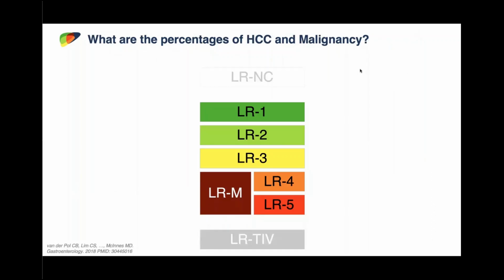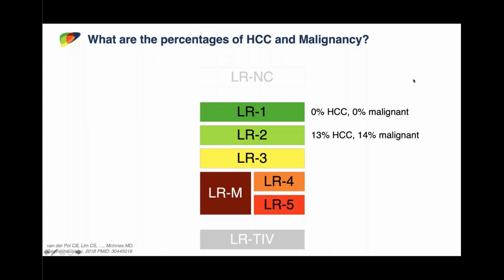Now, what are the actual percentages of HCC and malignancy associated with these LI-RADS categories? Well, some of the evidence is now emerging. We now know that based on the published literature, 0% of observations categorized by radiologists as LI-RADS 1 are HCC and 0% are malignant.